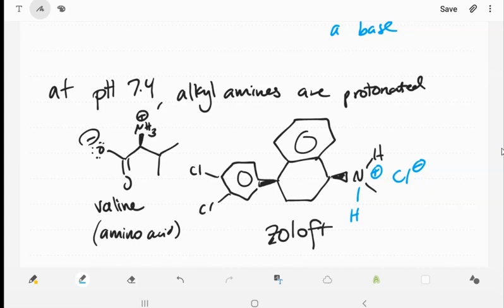So you'll see a lot of drugs will say hydrochloride on them, and that means that you've probably got an amine in there. And the hydrochloride is there for a couple of reasons. Generally, it makes it an easier compound to work with because organic compounds, as you know, are not crystalline like salts would be, and so they can be difficult to work with.